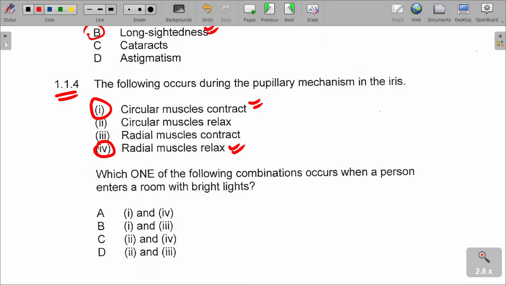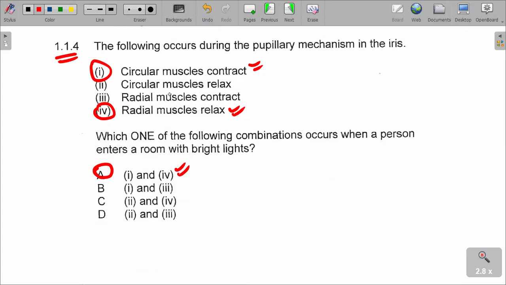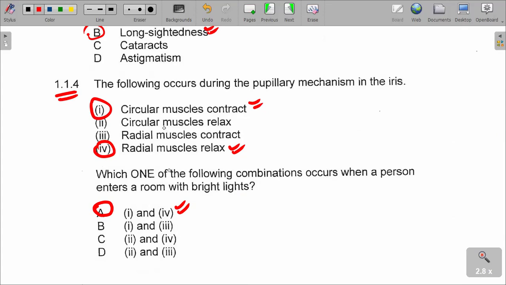So it has to be a combination of 1 and 4, which is A. This combination gives the right answer when a person enters where there is bright light. We have to talk about mechanisms that reduce the amount of light entering the eye. So these adjustments must be there.